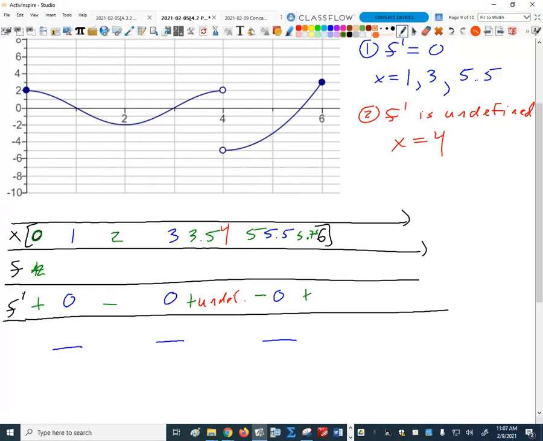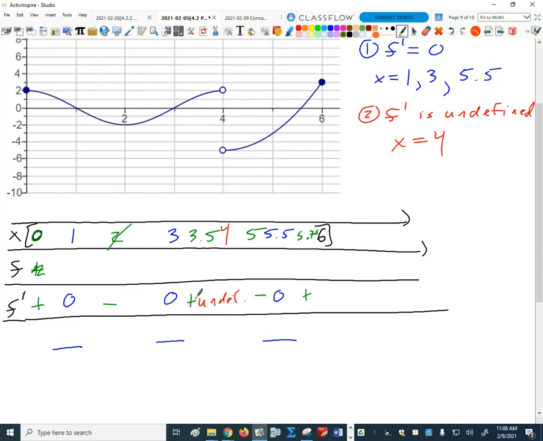Okay, did we really even need those green numbers up there? I'd say no, right? Being as we have the graph of the derivative, we could probably just skip these and just see that between 1 and 3, the derivative is always negative valued and just put a negative there, right? We really don't need to put a 3.5 there because we can see that between 3 and 4, the derivative is always positive valued.